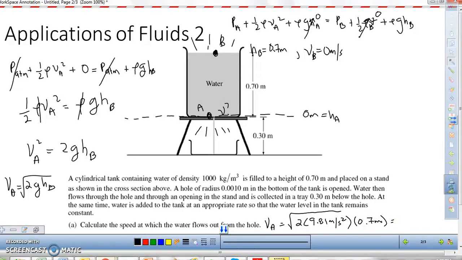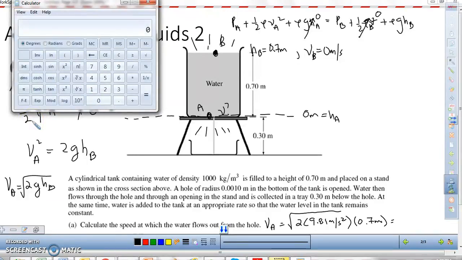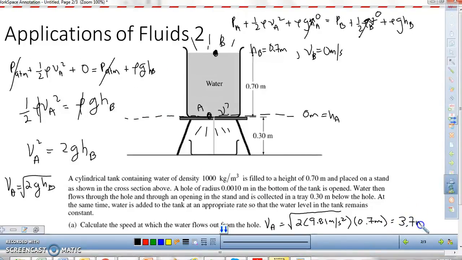Let's go ahead and do that on the calculator again. 2 times 9.81 times 0.7, and then we have to take the square root of that. I get 3.7 meters per second for the first part right there. So that's my velocity at part A.